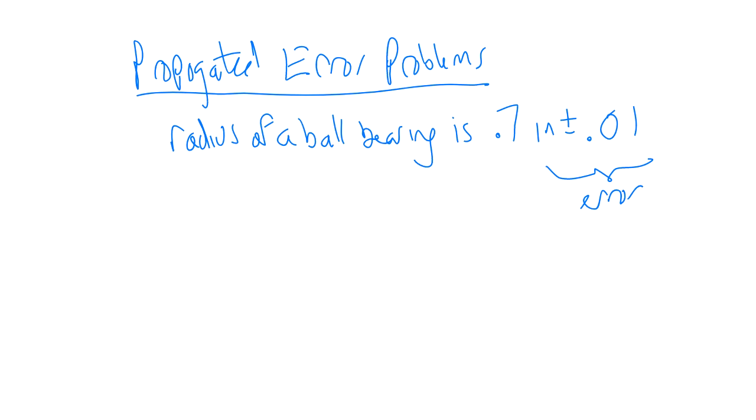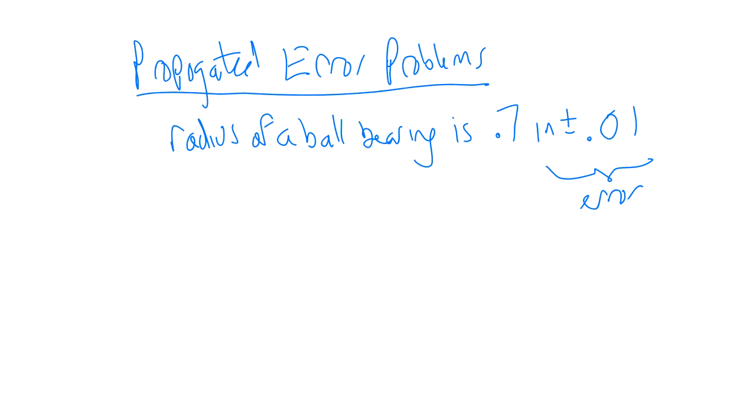So you're typically given something that has an error involved, and then if I use this measurement in a different formula, then what happens is that I propagate the error, and I end up being off by even a little bit more.